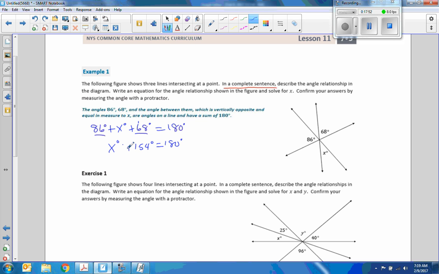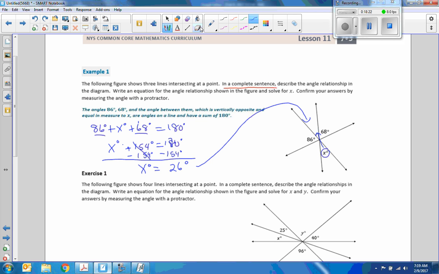So x degrees plus 154 degrees equals 180. Subtract 154 degrees from both sides. These cancel. I get x degrees equals 10 minus 4 is 6, 7 minus 5 is 2, 26 degrees. So that means this is 26 degrees because x is 26 degrees. And they're vertically congruent.